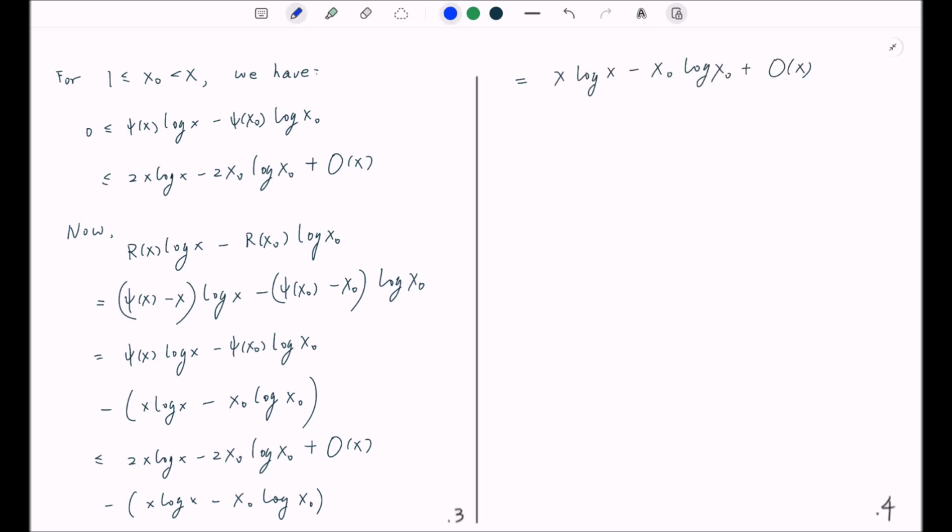on the other hand, if we simply look at psi of x times log of x minus psi of x naught times x naught being equal to 0.